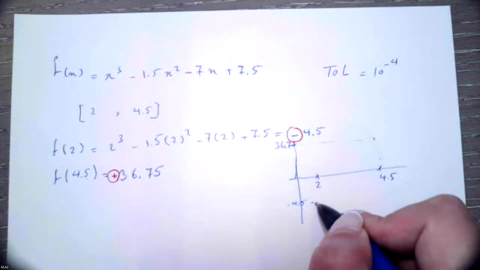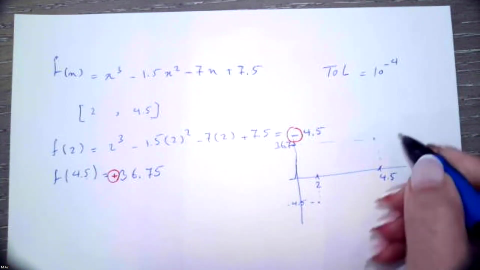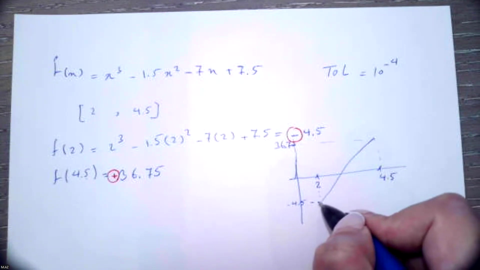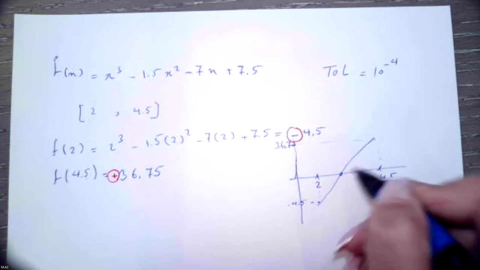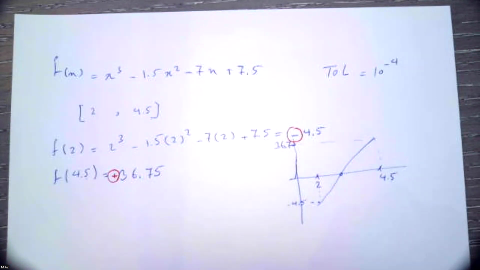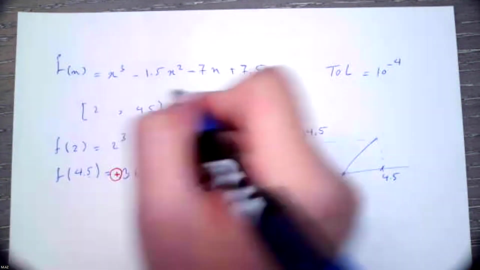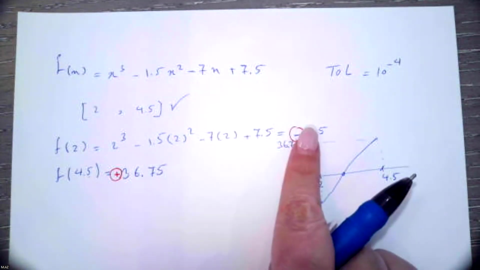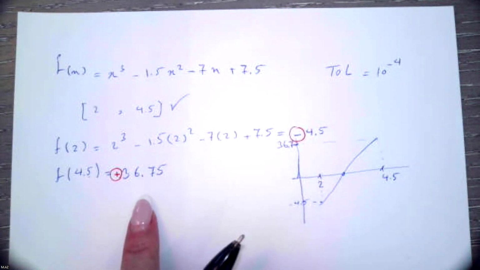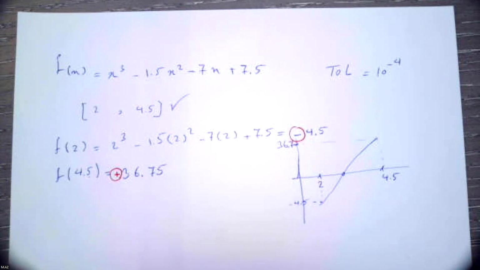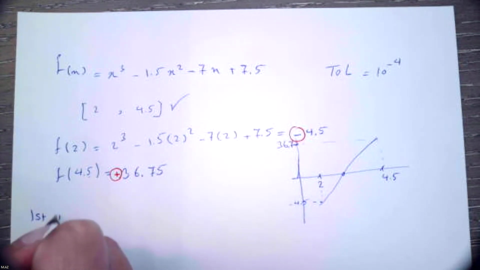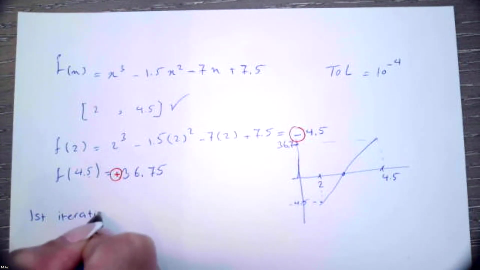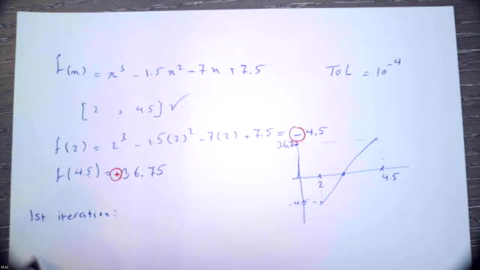If we connect these two values together, as you can see, the graph crosses the x-axis. For this reason, this is acceptable, but we always check with the sign of these two values. Okay, for the first iteration, first we compute the midpoint.